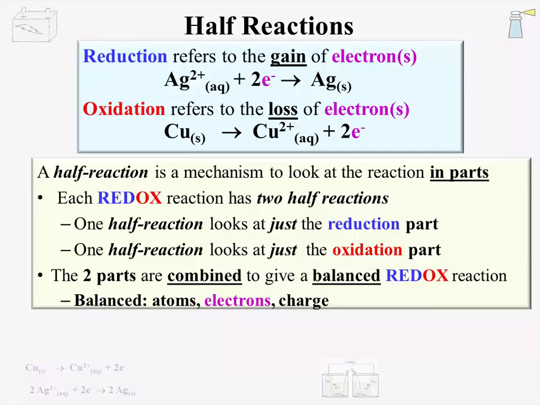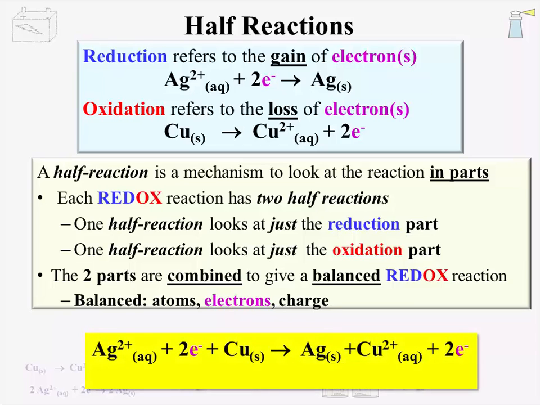A preliminary example of the process is given here with the two half reactions listed above, recombining into a single redox reaction. Reactants of the half reaction are added together, and the products of the half reactions are added together. Both sides of the redox reaction have the same number of electrons.